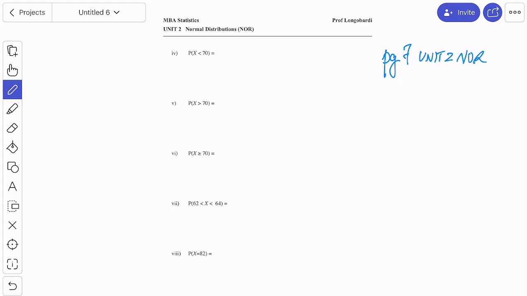So for the test, it's going to cover, well, I should write them all out because it's not that clear. So we're going to cover DNS, GDS, NOR.